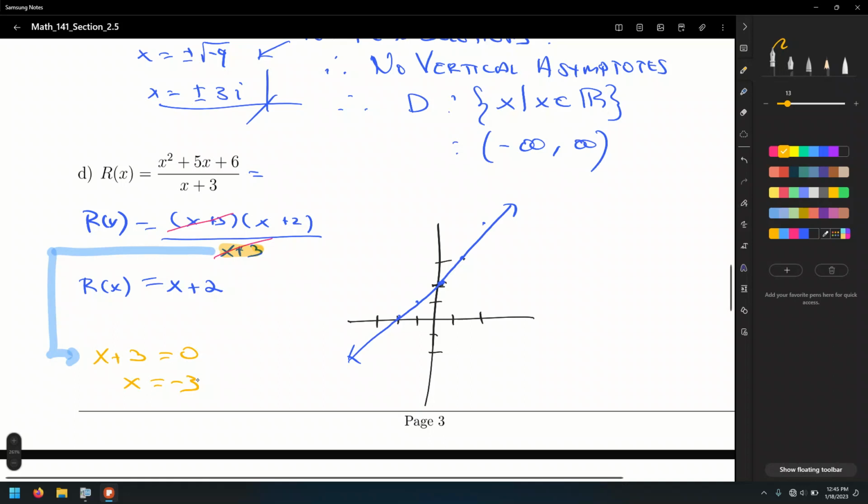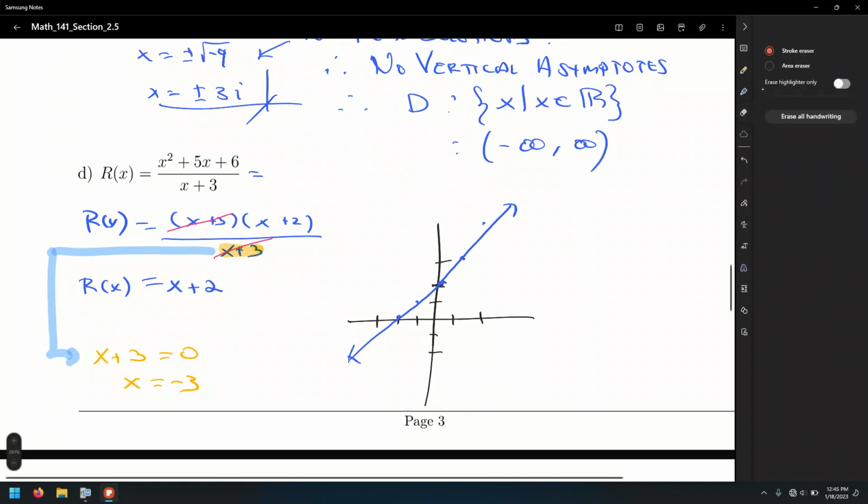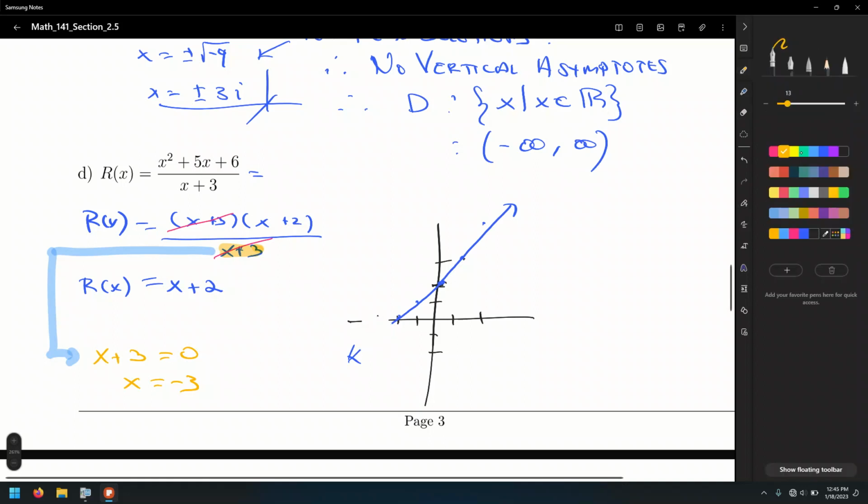So this is the location of a hole. So let me draw a hole here and complete the graph. And that's what graphing calculators don't show us in this case.